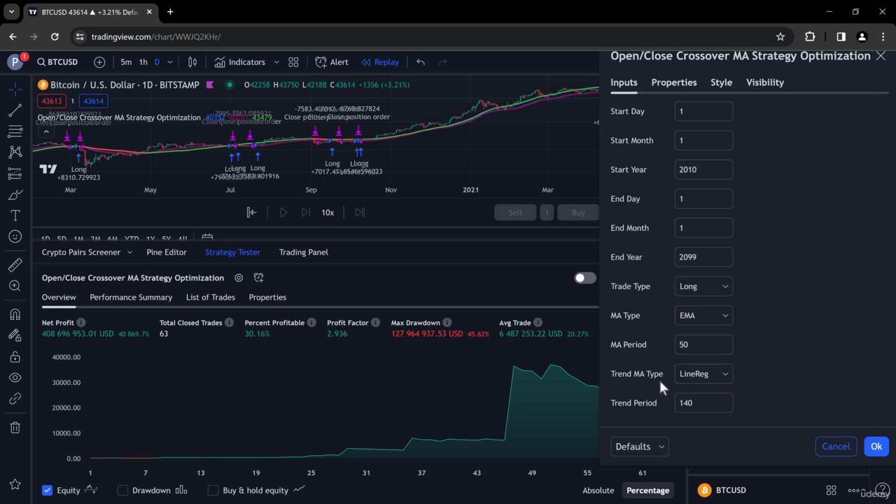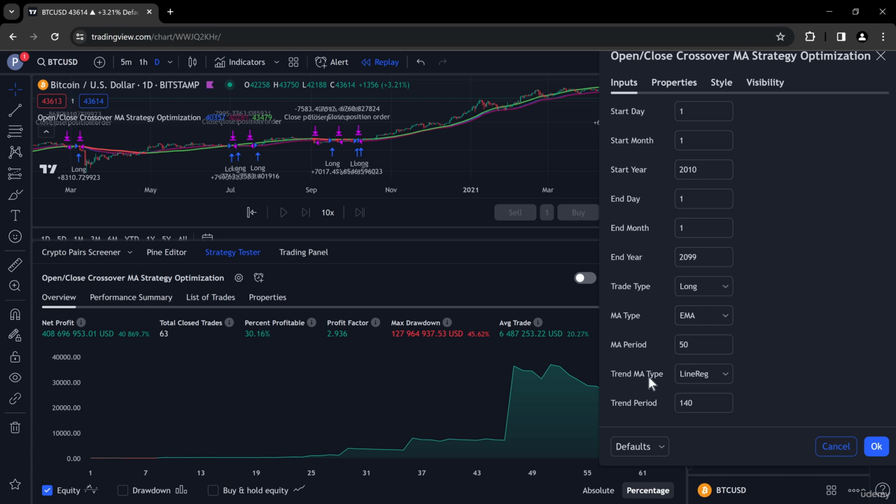You have MA period, trend MA type, trend period, right? So we're going to keep the trade type to long, because the Bitcoin market, the currently selected market, is usually trending up. Therefore, we'll keep trade type to long. We're not going to optimize that. MA type, we can change that.